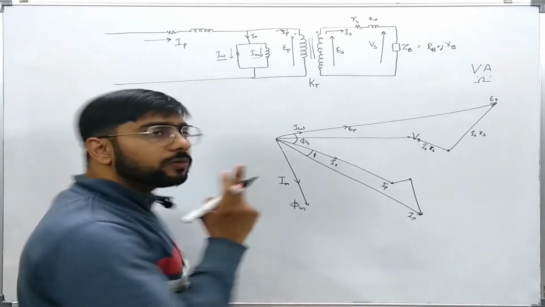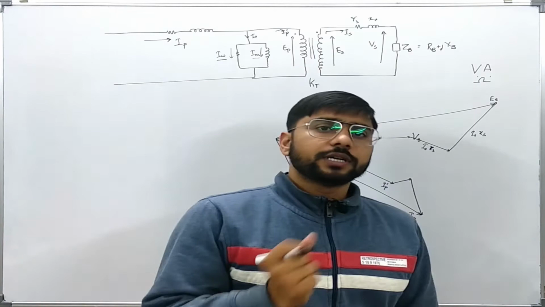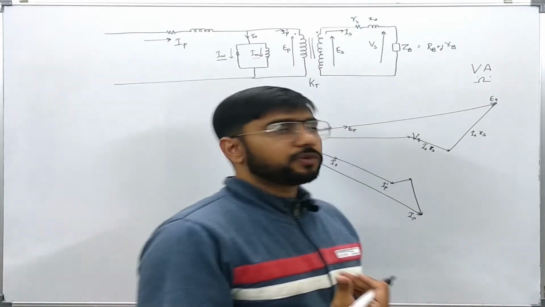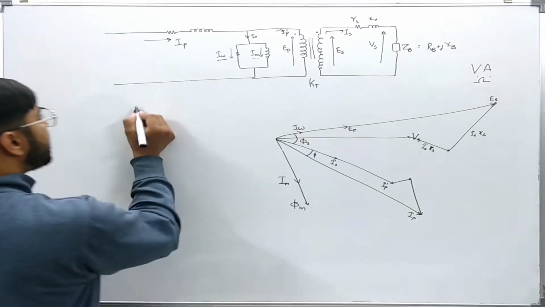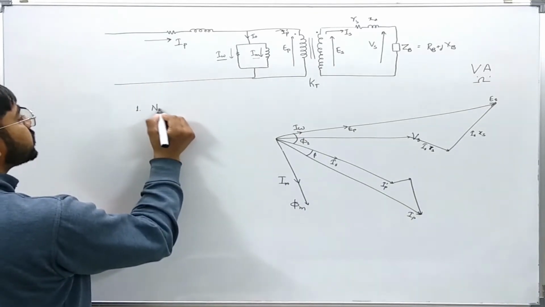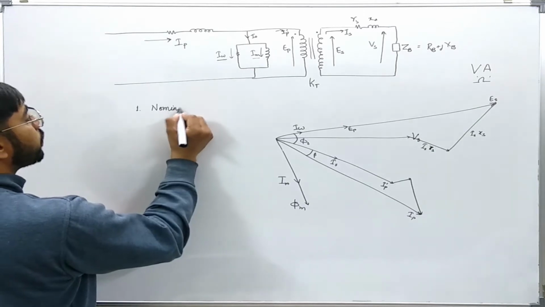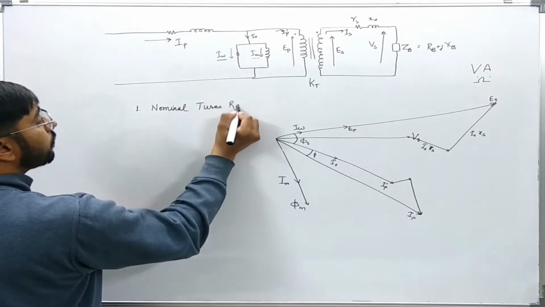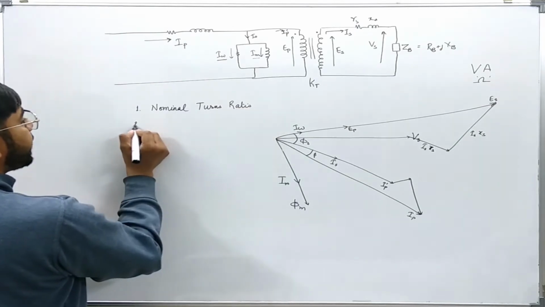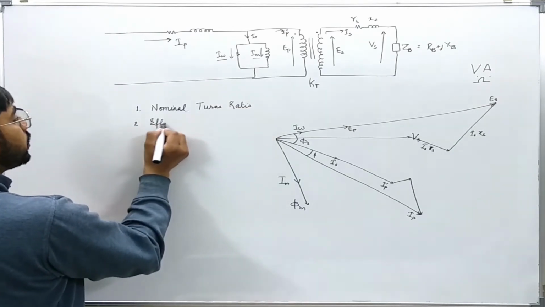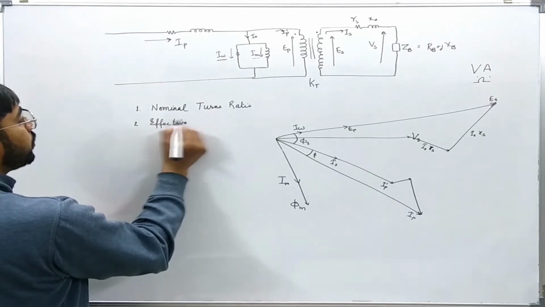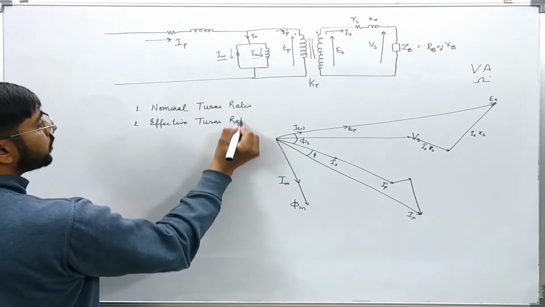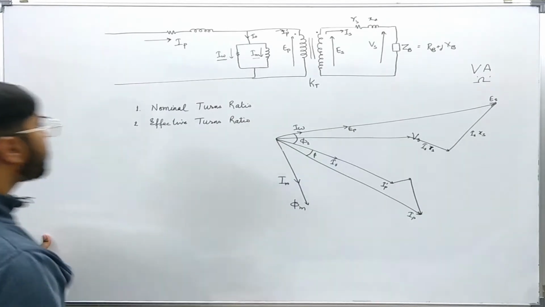Now there are two terms which we will usually use as nomenclature in the study of instrument transformers. First one is the nominal turns ratio, and second one is the effective turns ratio.